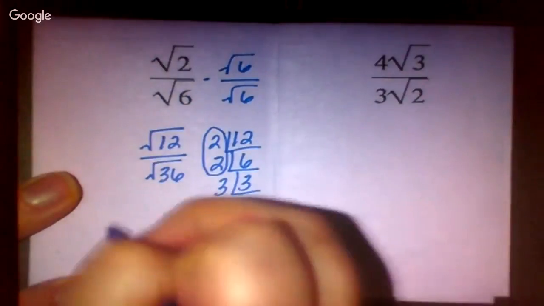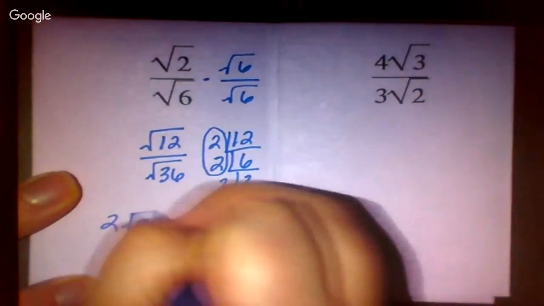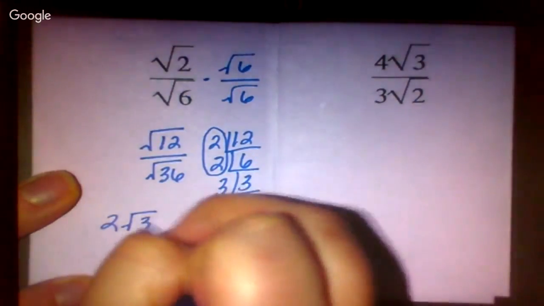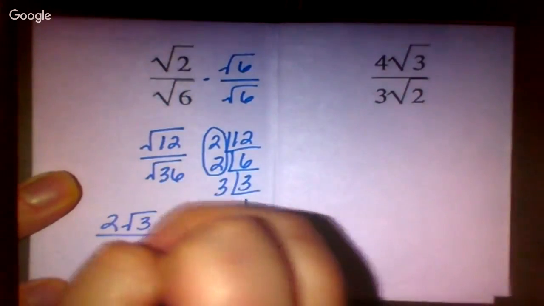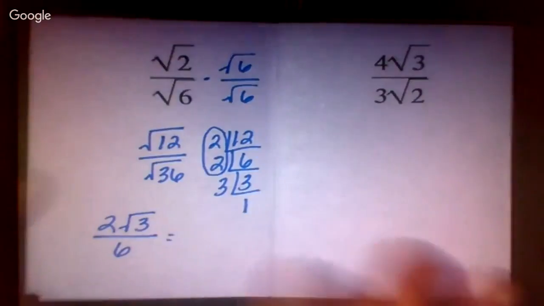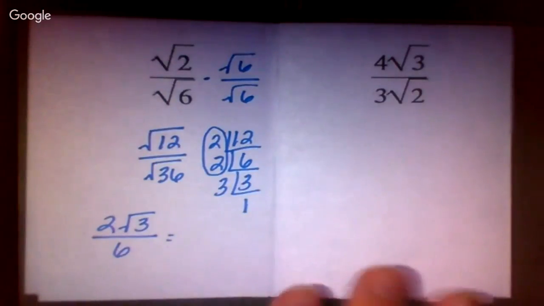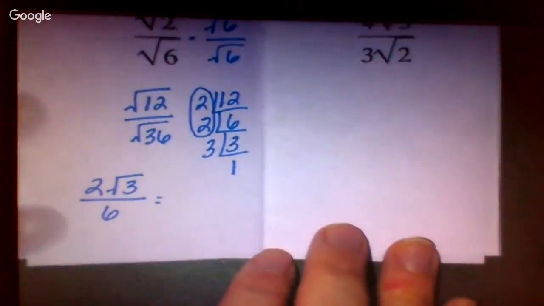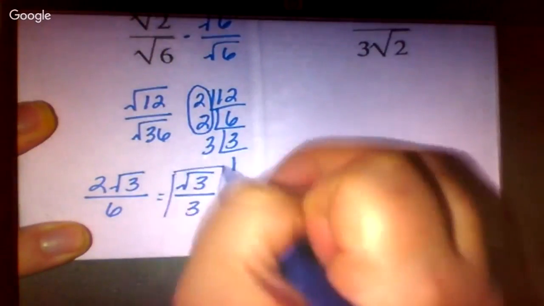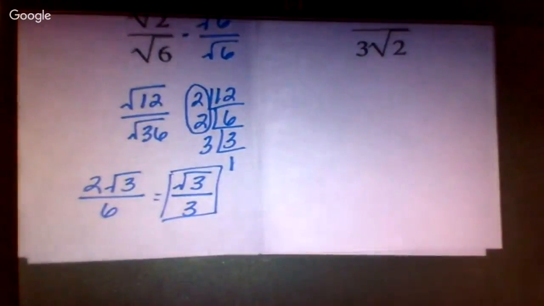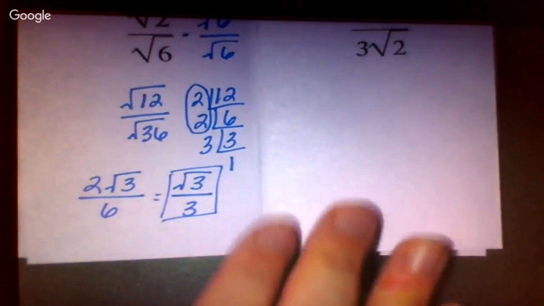So this becomes 2 square roots of 3 over, what's the square root of 36? 6. What does 2 over 6 reduce to? 1/3. Again, you don't have to write that 1, so it can just be the square root of 3 divided by 3.